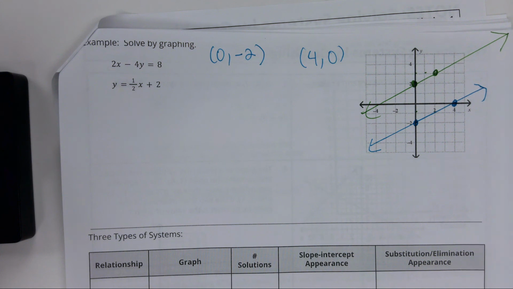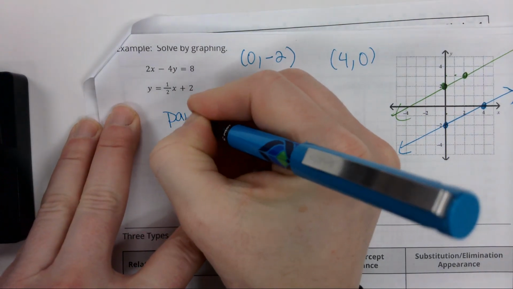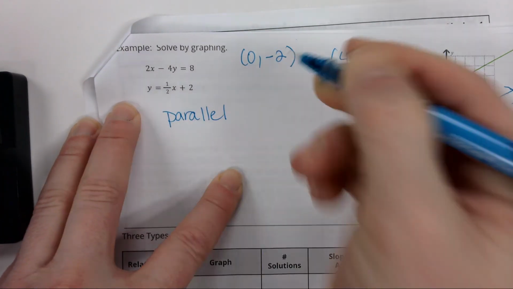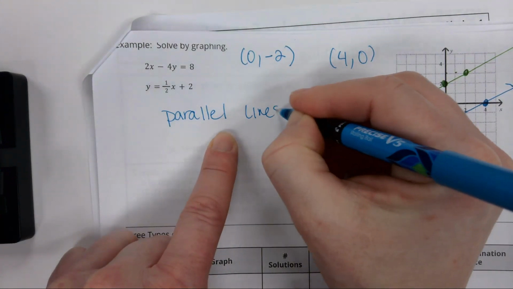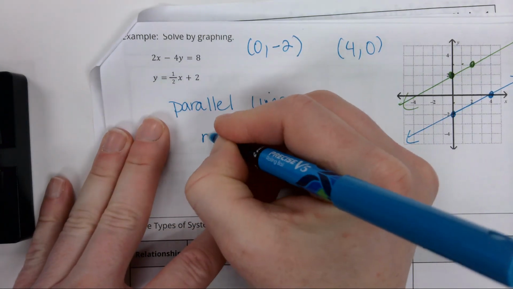The lines are parallel. What does parallel lines mean? They're never going to meet. So where's the solution to parallel lines? There is none. Parallel lines. When you see parallel lines, you're going to say no solution.